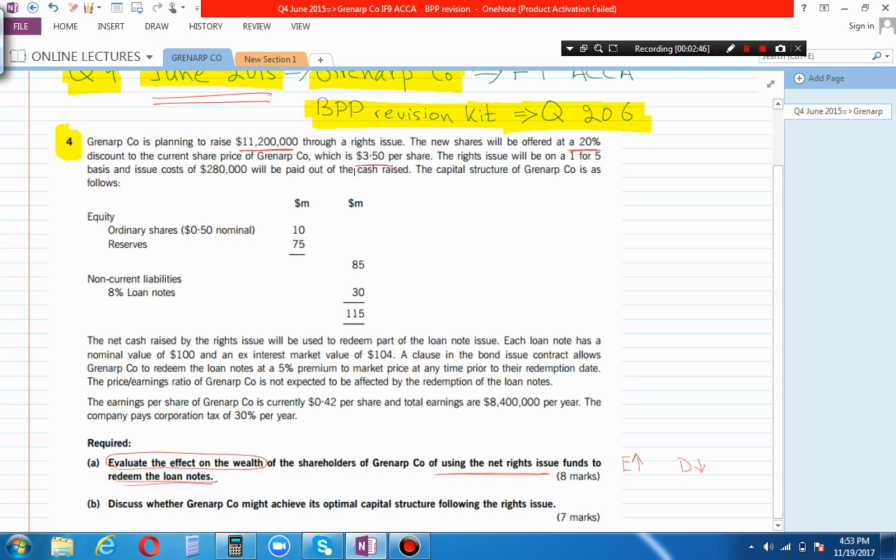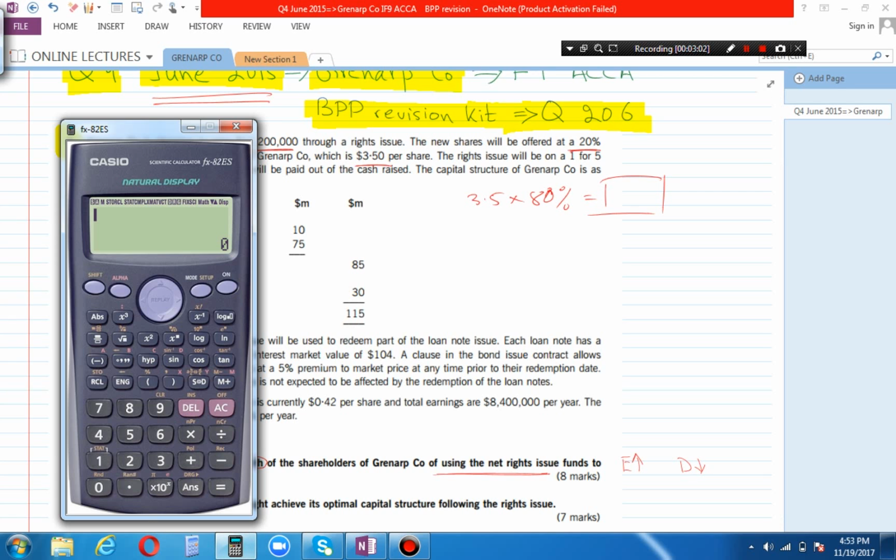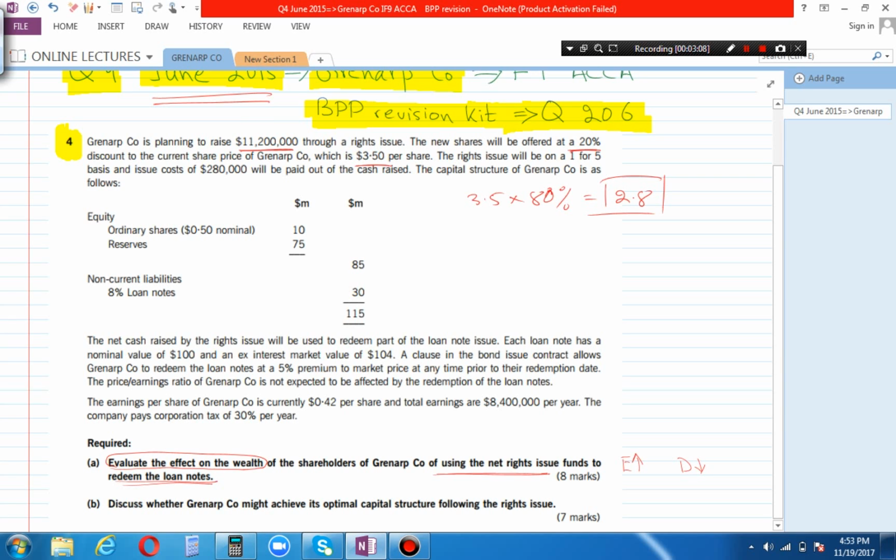So the new share would be 20% less than 3.5, so 3.5 multiplied by 80% would be the price of the new share, which is 2.8. So the price of the right would be 2.8.